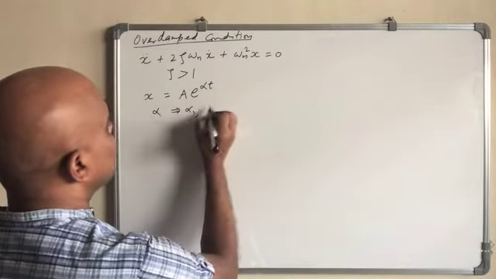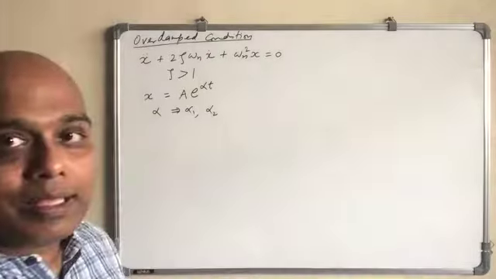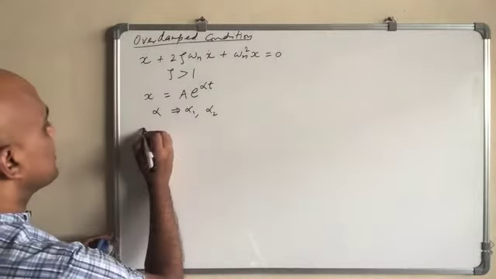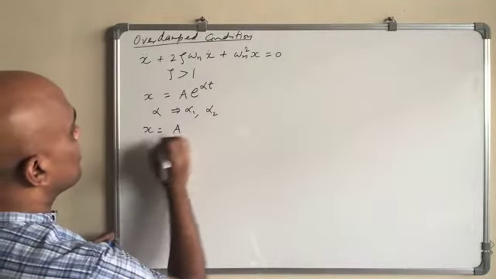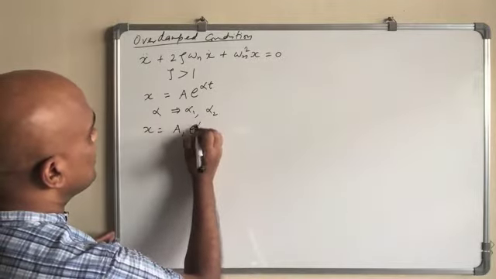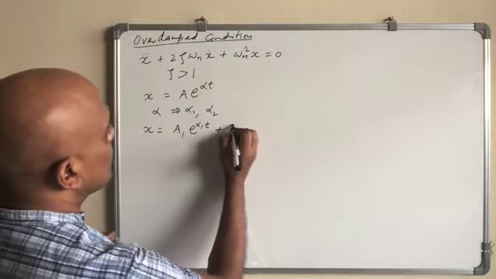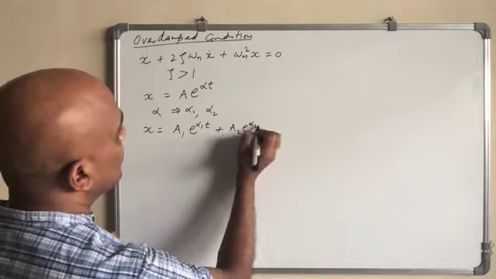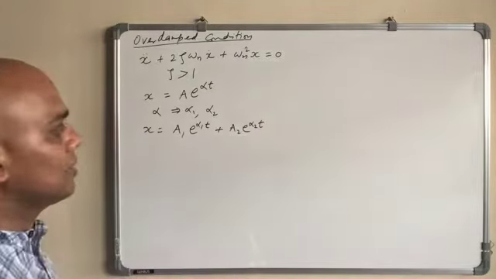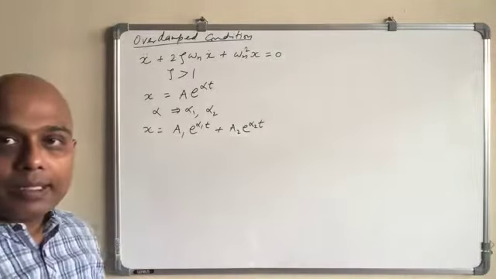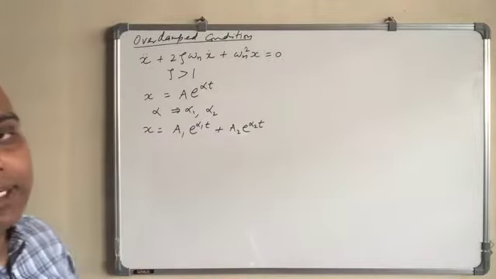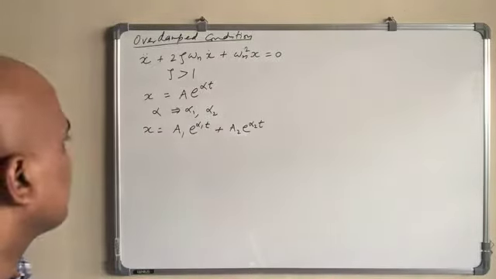You will get alpha 1 and alpha 2, and hence the solution will be of the form x equal to a1 e^(alpha 1 t) plus a2 e^(alpha 2 t). Okay, the solution will be something like this.